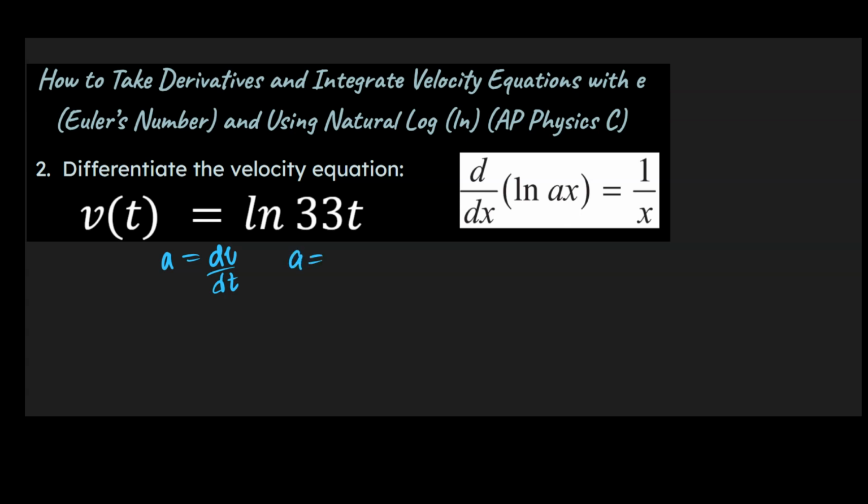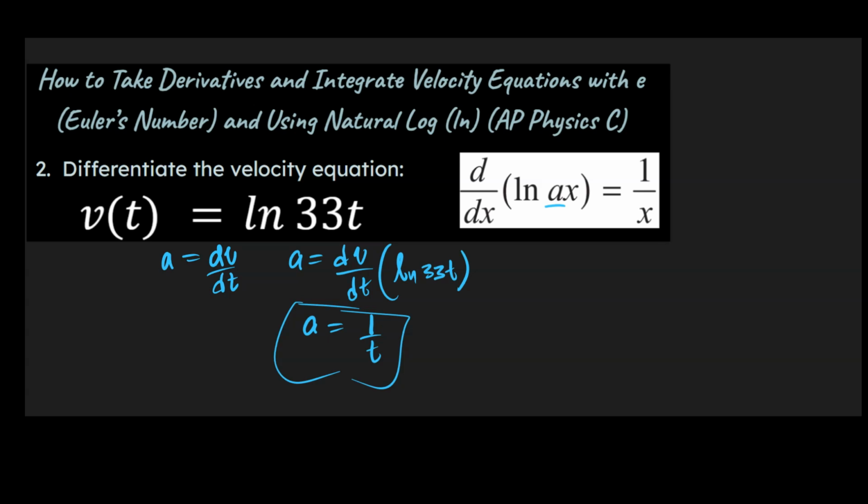So we could say, all right, well, acceleration is going to be... So let's look at the function we have. We have the natural log here of ax. Notice this a is our coefficient. It simply goes away. So that 33 is going to go away. What do we end up with? We end up with literally 1 over t, and that's going to be our answer for this problem. Pretty straightforward once you're comfortable with it.